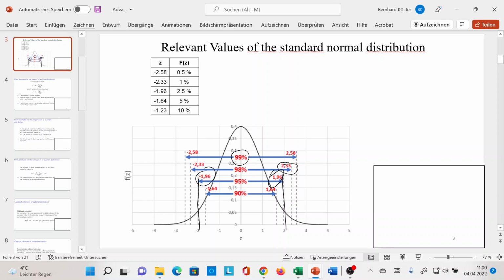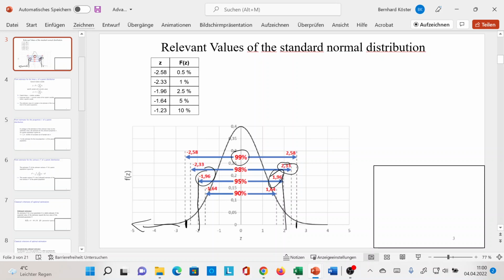Well, the reason is very often we are just interested in a symmetric interval, some hypothesis, is it true up to a significance value of 99%. So this 2.58 here coincides that we are not going down here to minus infinity, but we cut the interval here.